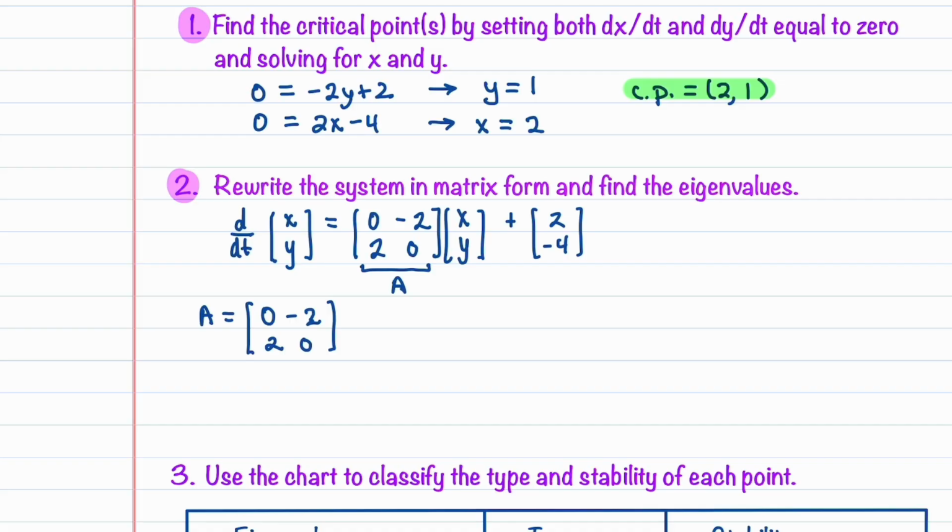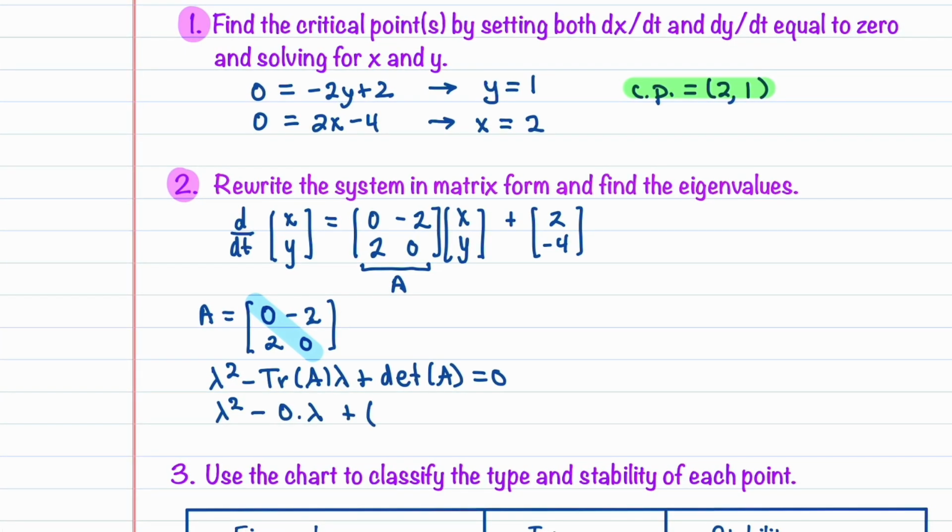It is not a diagonal matrix, so we need to use the characteristic equation, lambda squared minus the trace of A times lambda plus the determinant of A is equal to 0. This gives us lambda squared minus the trace, which is the sum of the diagonal entries, so that's 0. So we're going to have a 0 times lambda.